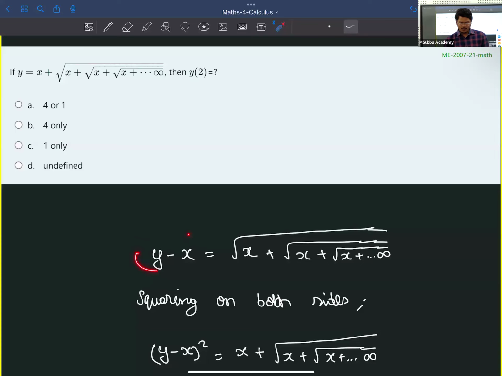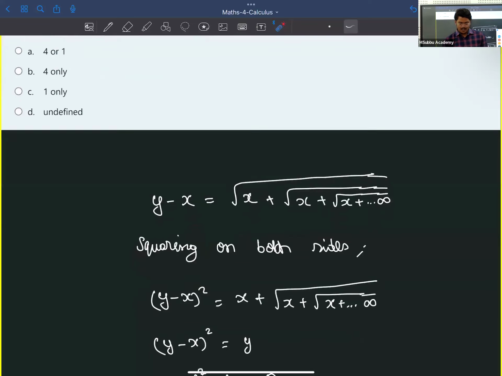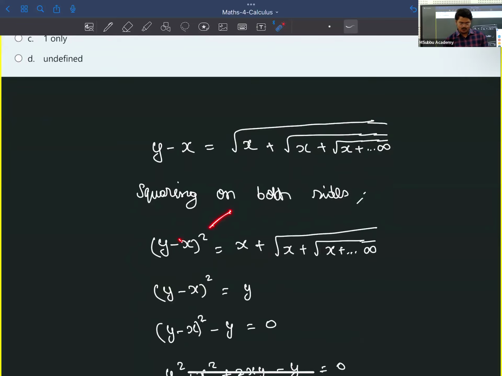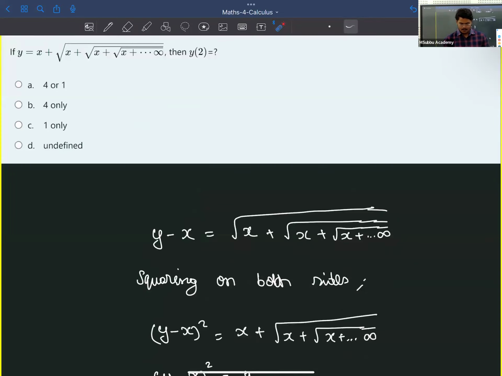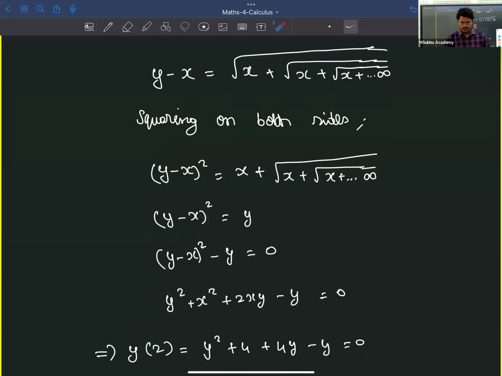Now what we do is squaring on both sides. So y minus x whole square it will become. Then the square root and the square term will get cancelled. So what we get is x plus square root of x plus square root, and so on till infinity. What is this term they have given in the question? This is nothing but y. So this term will be just y.